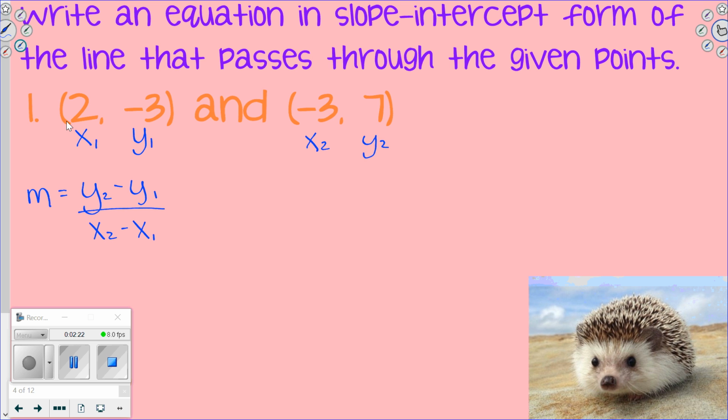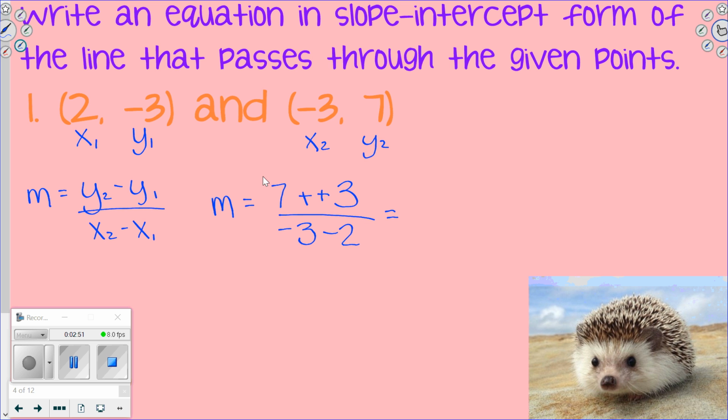So if I'm finding my slope, we have our formula, we're just plugging stuff in. So y2 is 7 minus y1, which is negative 3. What's going to happen to that? Change that to a plus. And then my x2 is negative 3 minus x1, which is 2. Now, some of us still really struggle with finding slope.